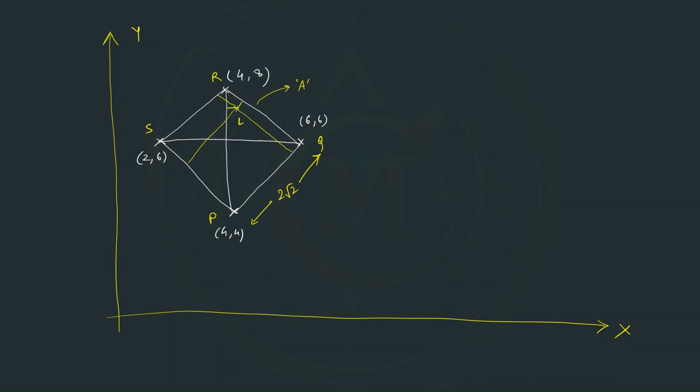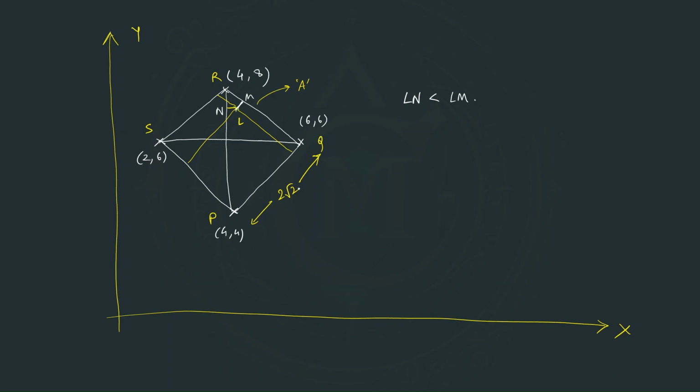Now, what is the minimum distance of this point L from any of the sides? This is this distance. Here we can sketch this. So let's say this is LM. Let's say this point is N. Then LN is less than LM.